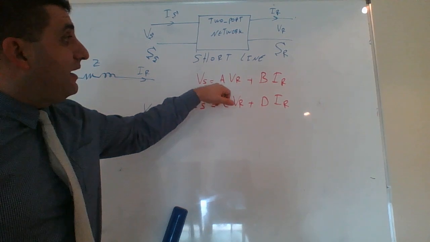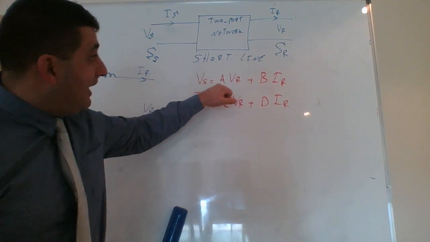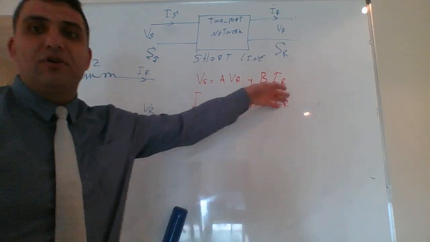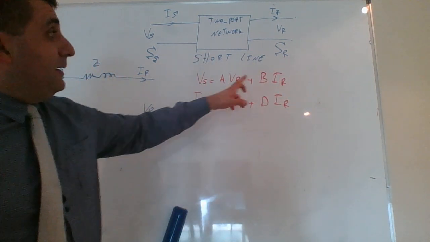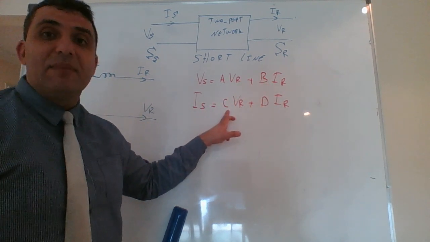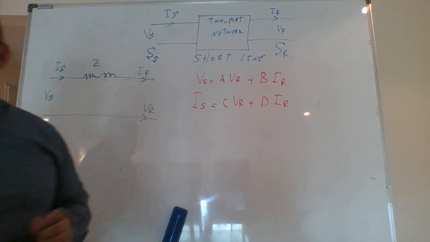A and D are dimensionless, they have no unit, so I call them per unit. B's unit is ohm, and C's unit is Siemens, S. Is that clear?